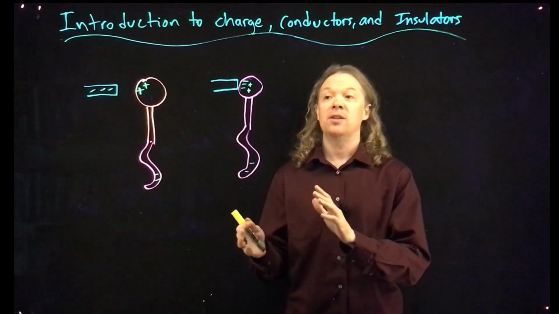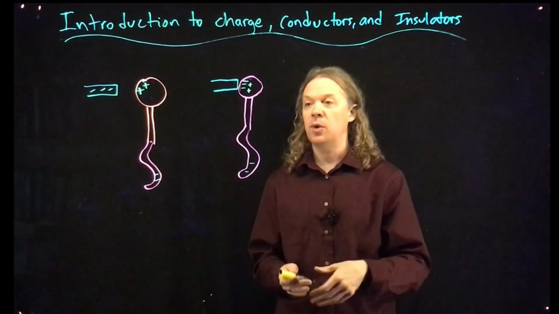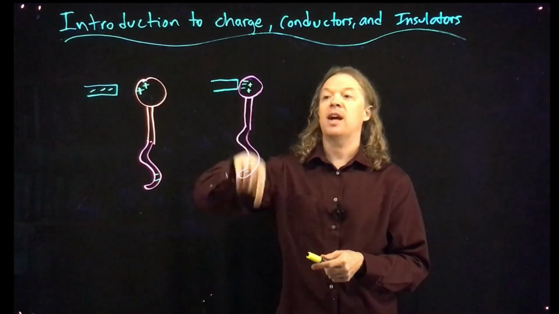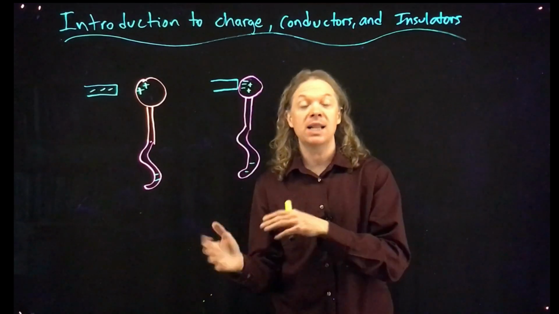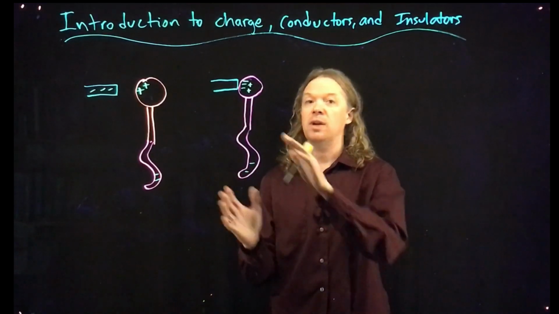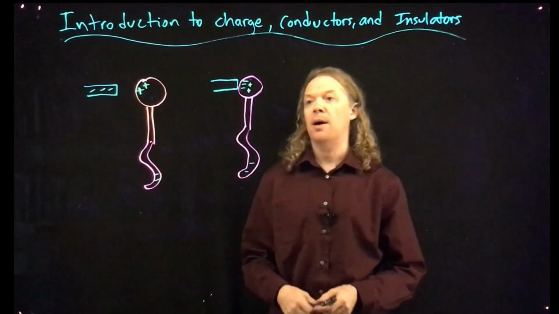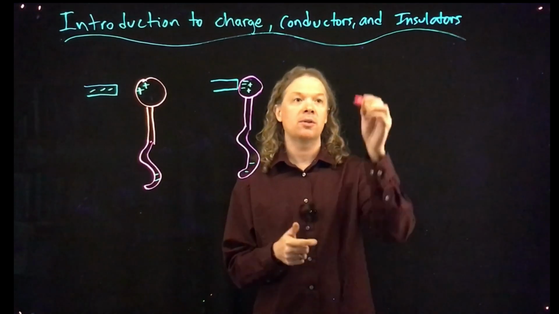Now, this situation is kind of not a static situation because now we have a conductor which has some net charge on it. So those charges are actually going to rearrange themselves to try to make them as neutral as possible. So it's not totally obvious how those charges are going to rearrange themselves. Let me try to draw one picture which might show you what's going on.